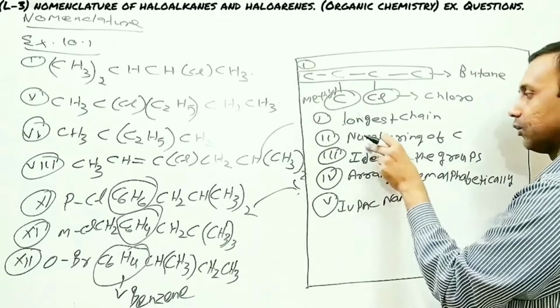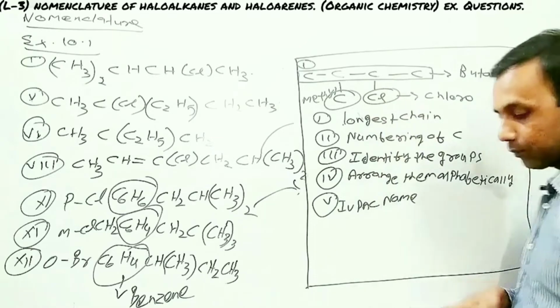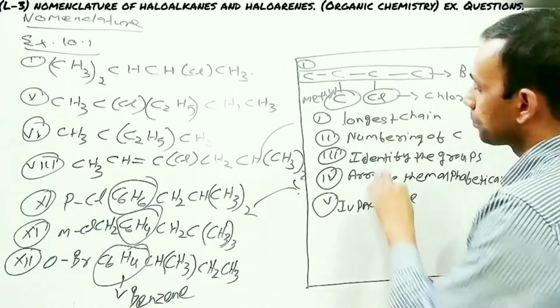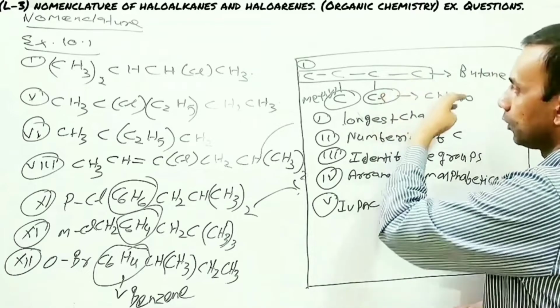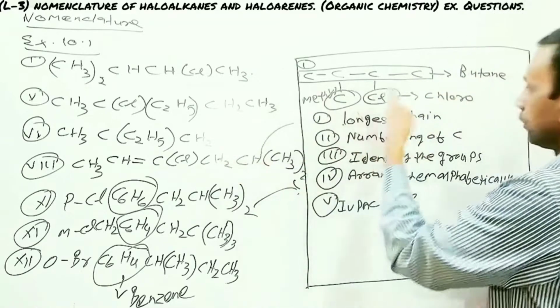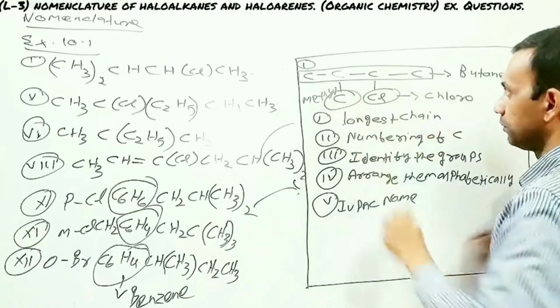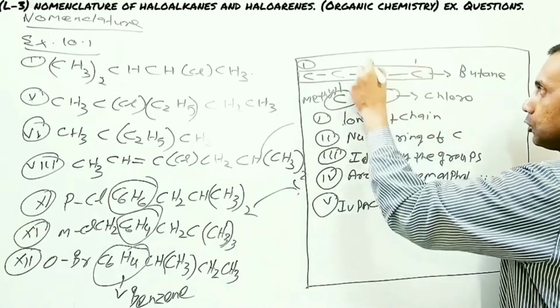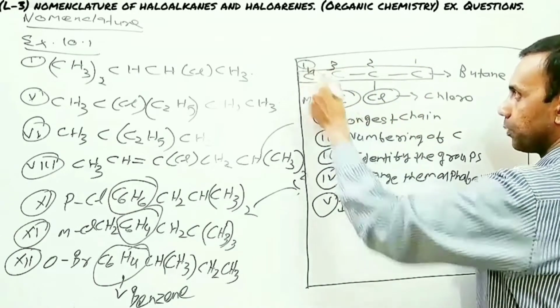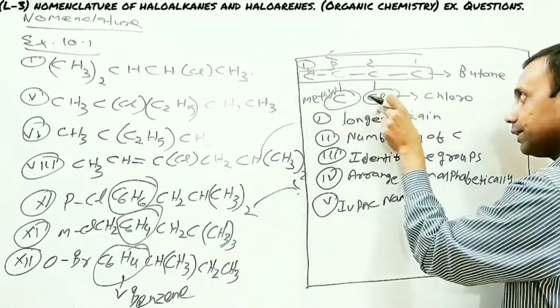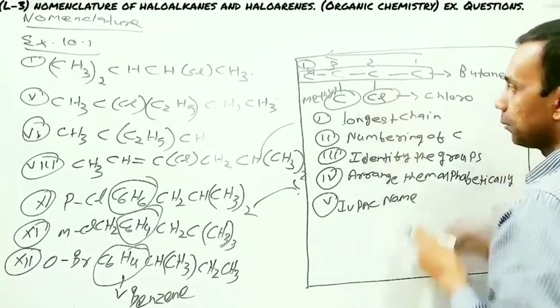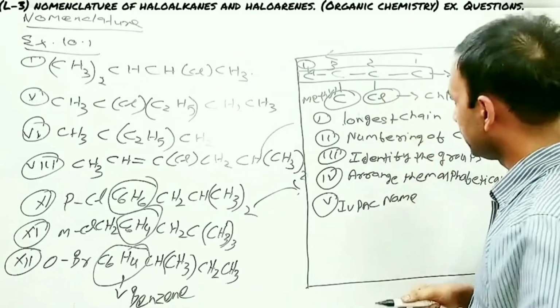Now, go to the second one, numbering. Numbering is done so that the group gets the lowest possible number. So we need to start from right to left. So this is going to be 1, 2, 3, and 4. Why did I start in this direction? Because chlorine is alphabetically coming first, so it should be given the priority.